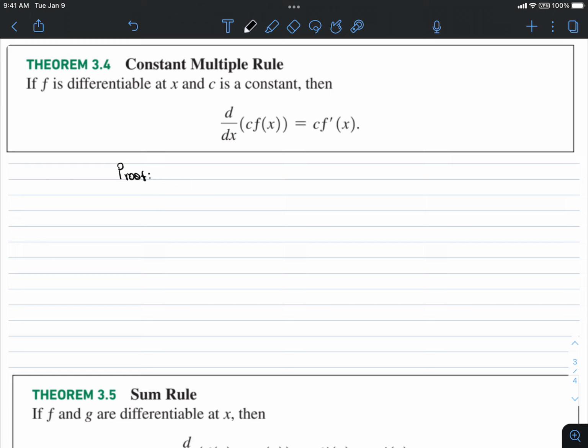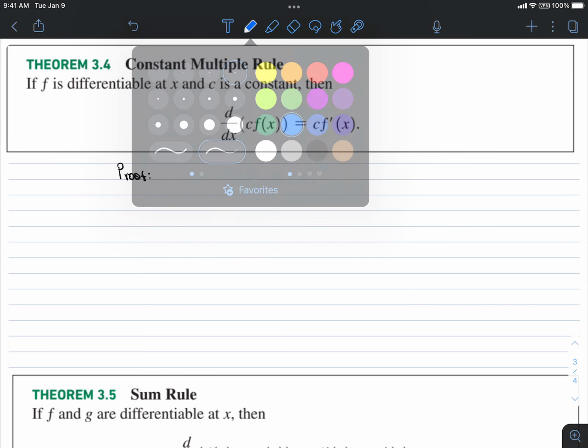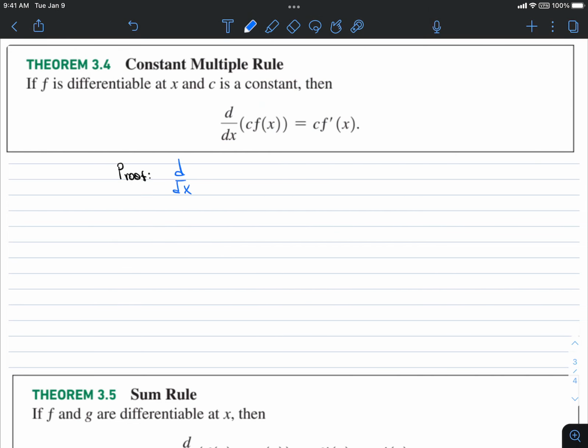So how are we going to do this? We're going to use the definition of the derivative of c f of x.